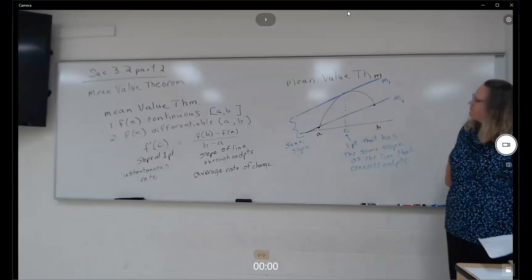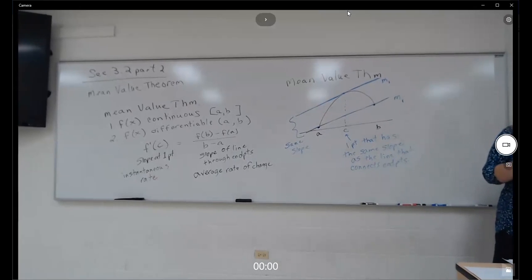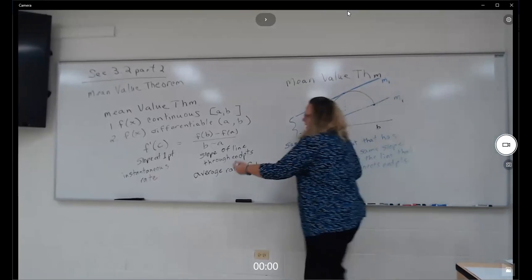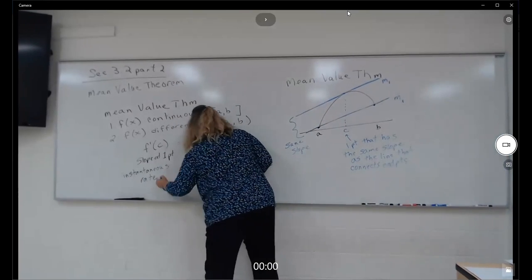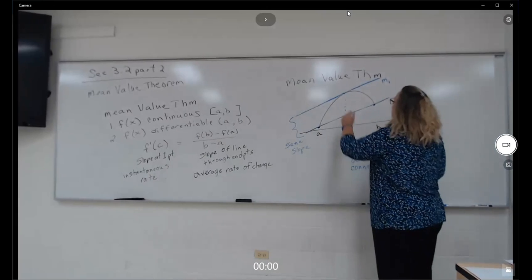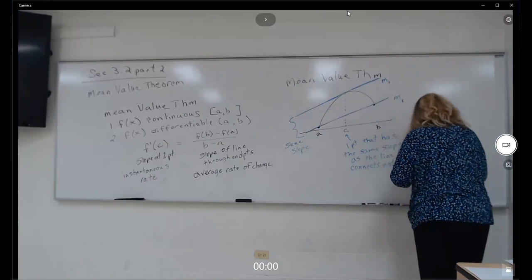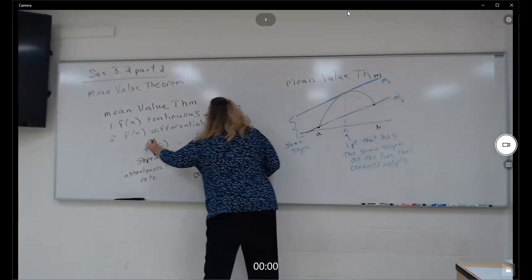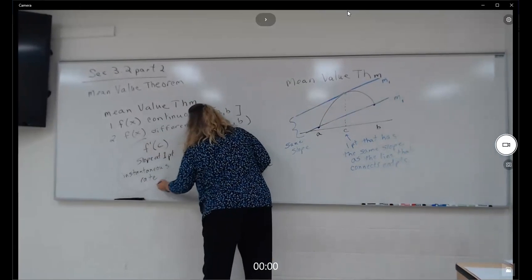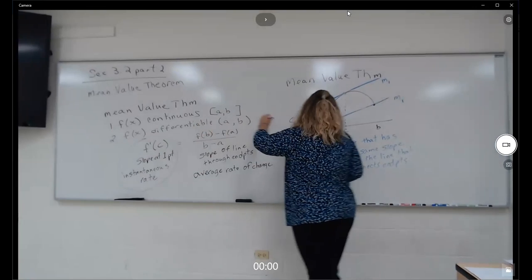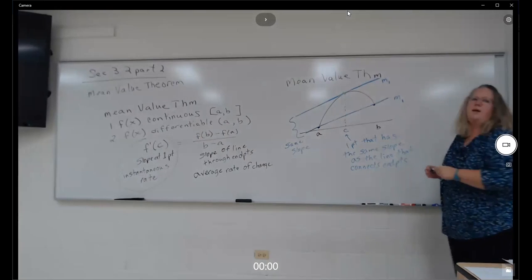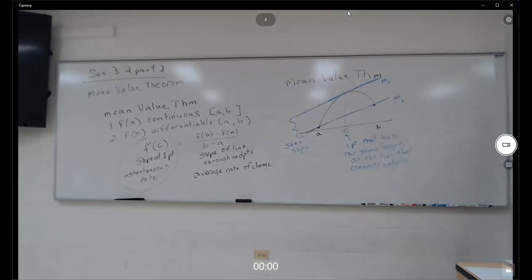This side is talking about this 1 point here. That's talking about this point, and this is talking about literally the slope of the 2 endpoints.